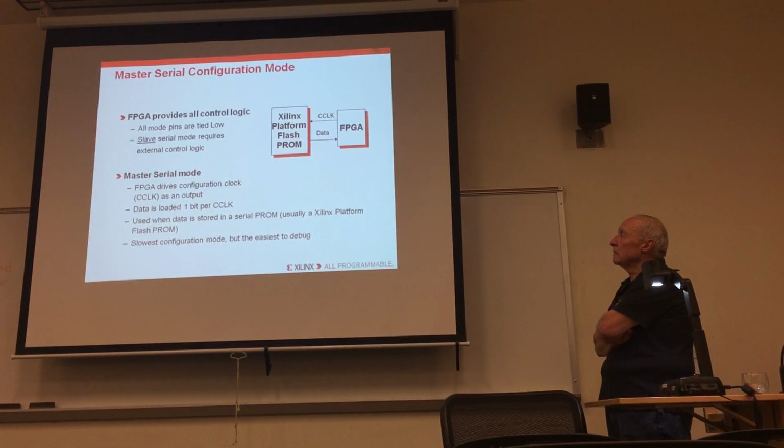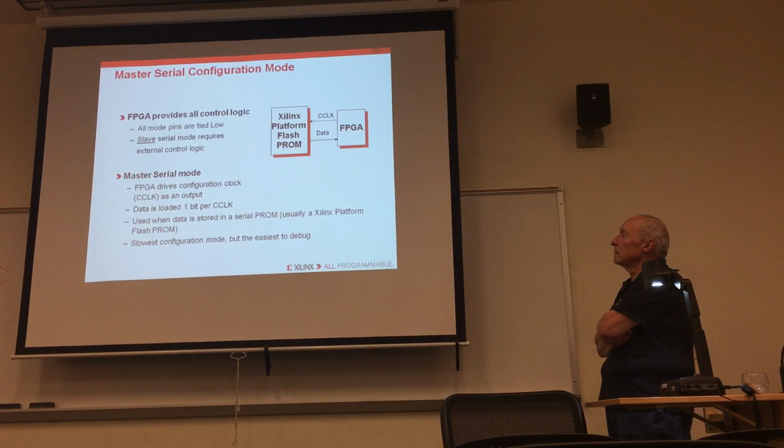This clock is then driven outside the FPGA to a serial data source, usually a Xilinx platform flash. In response to the clock, the PROM provides the data 1 bit at a time. In this case, the configuration scheme is the slowest of those offered, but is also the easiest to debug. This mode is used when data is stored in a serial PROM.